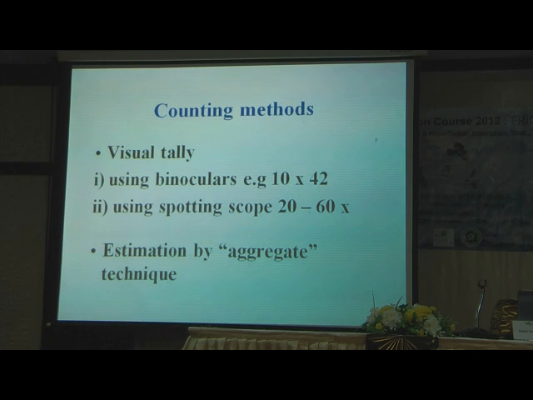And then I'll just go on to how to count raptors. There are two ways that you can count: by individual birds, as they fly across, or you can estimate when they come in big flocks, what we call the aggregate technique.